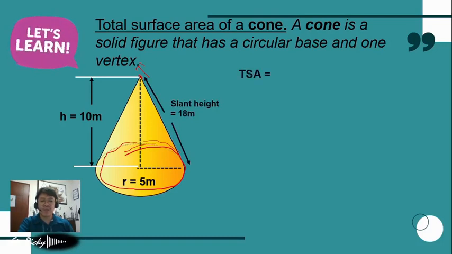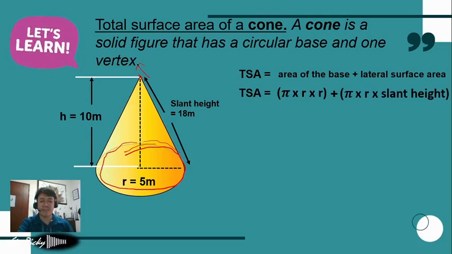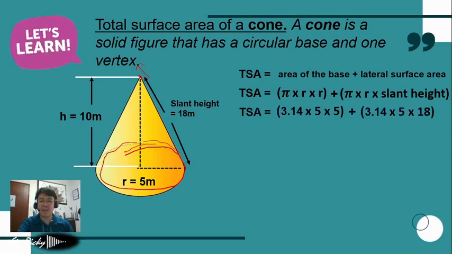Okay, to solve for the TSA, we add the area of the base plus the lateral surface area. For the area of the base, how do we get the area of a circle? It is pi r squared. The lateral surface area is equal to pi times r times the slant height, not the height. So pi is 3.14 times 5 squared, plus pi times r times slant height, which is 3.14 times 5 times 18.